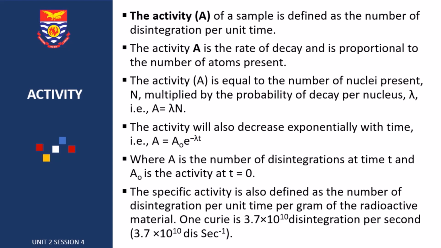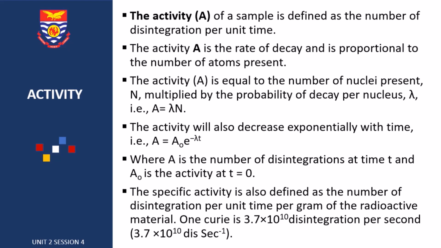The activity of any radioactive decay or radioactive process can be defined as the number of disintegrations per unit time. So we can say that the activity of a decay defines the rate of the decay. It defines how much of the radioactive substance disintegrates per unit time.